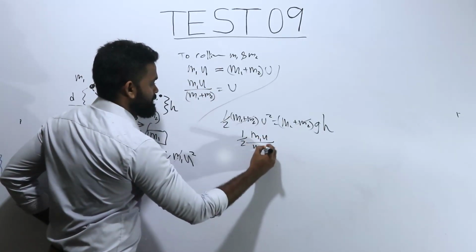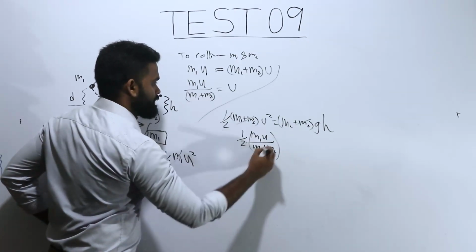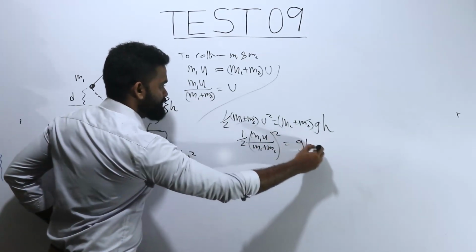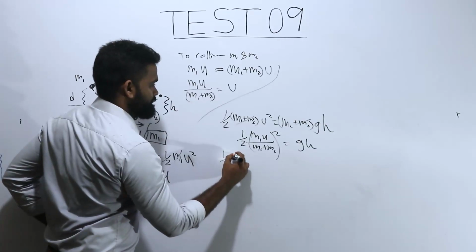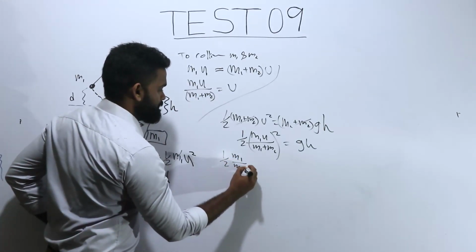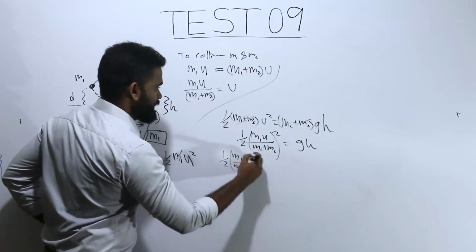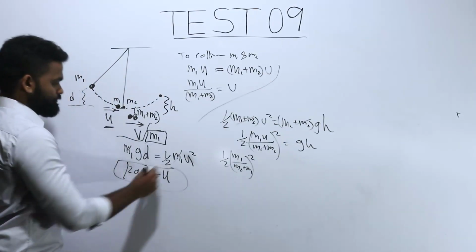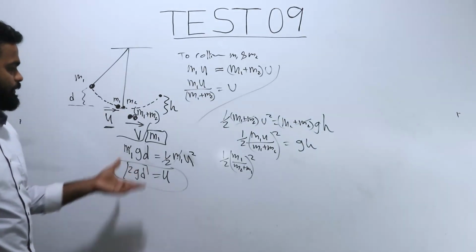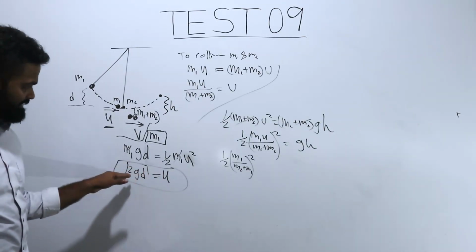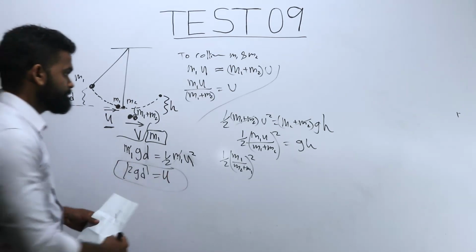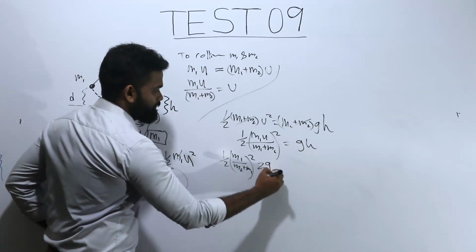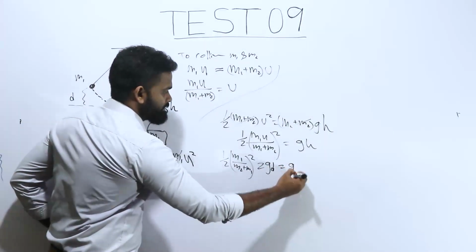Half times m1 divided by m1 plus m2, squared, times u squared equals gh. We earlier found u, so u squared is equal to 2gd.